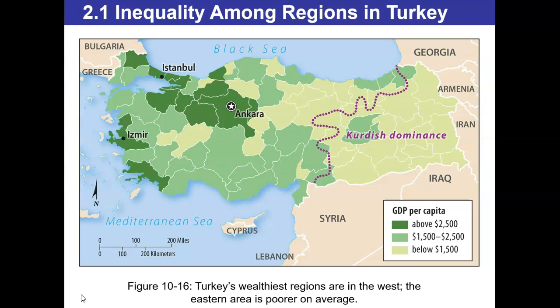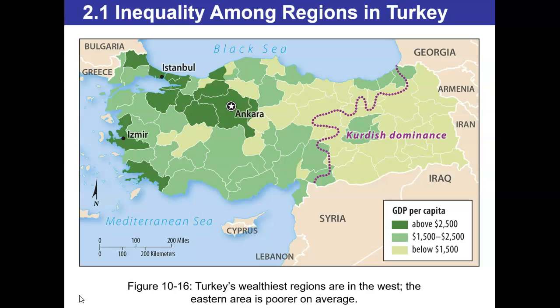Perhaps the wealthier area is much more invested in by the government, whereas other areas are not. Maybe the more urban areas are far more developed, but the rural areas are not. This can also be impacted by different ethnic, racial, or religious groups, where one group is dominant and the other group is suppressed or oppressed.